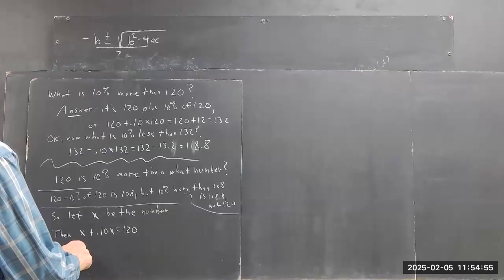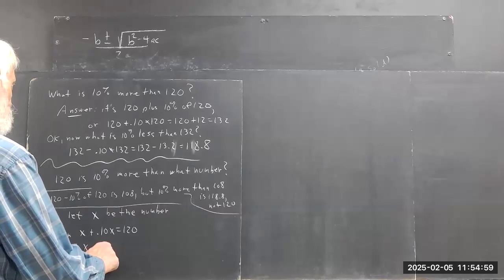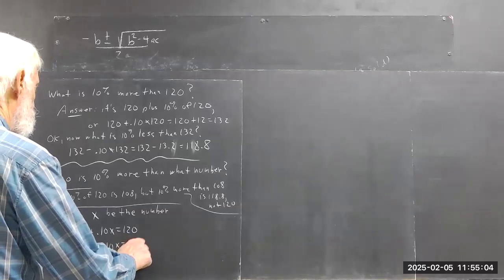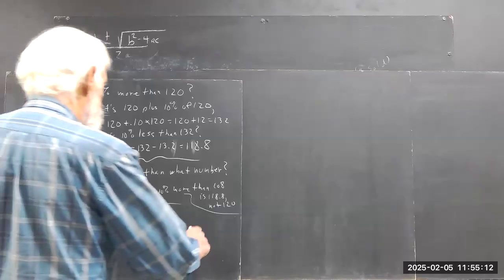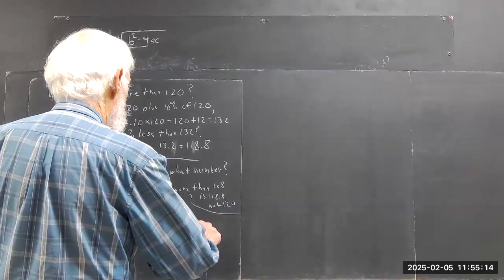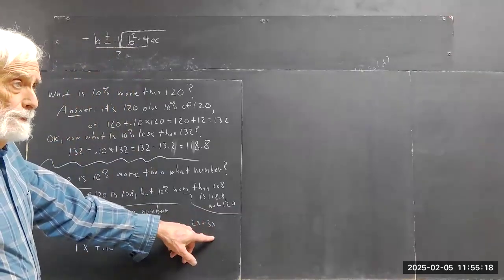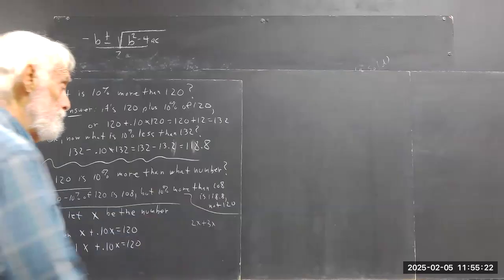Well, I can rewrite that as 1x plus 0.10x equals 120. Now, just like what's 2x plus 3x? Well, it's 5x, right?